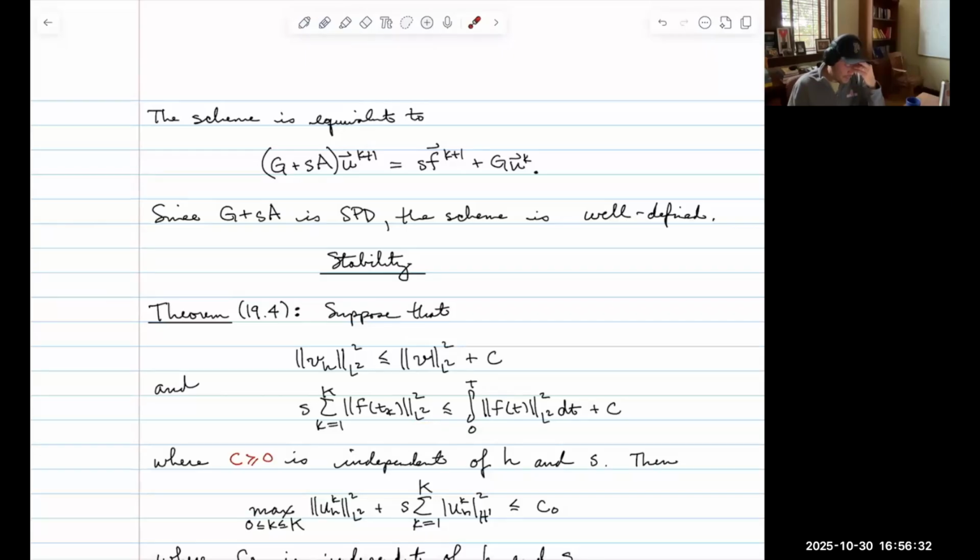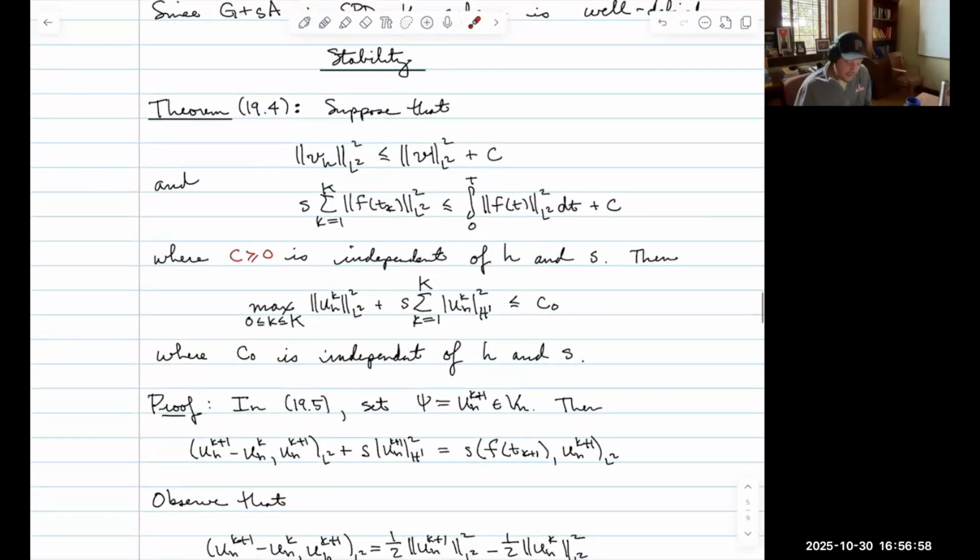In fact, in this case, this one is going to get better as S gets smaller and smaller. So I can think about this as being some error between this exact integral and this approximation of it. This is just some measure of the error, the difference. As long as it's positive and independent of H and S, then I'm good to go.